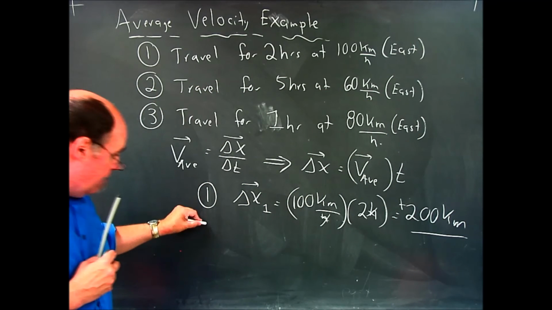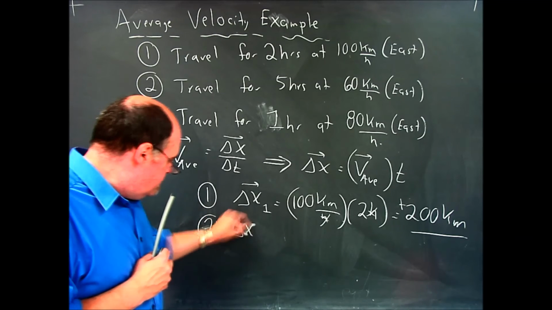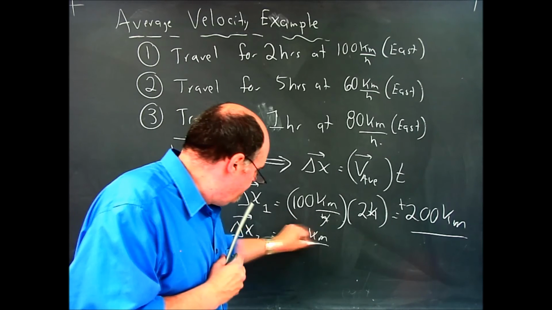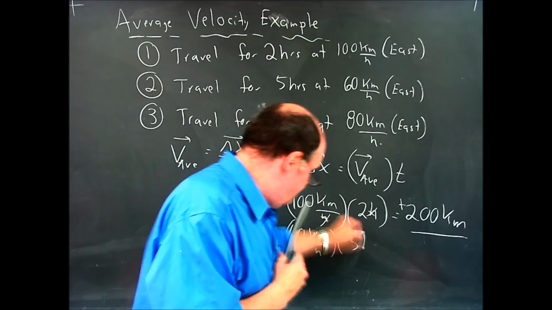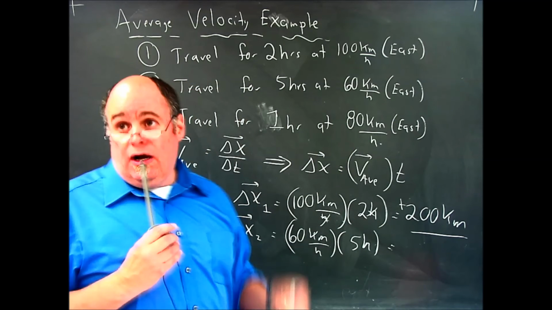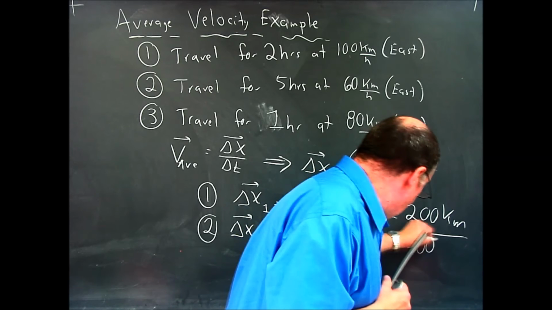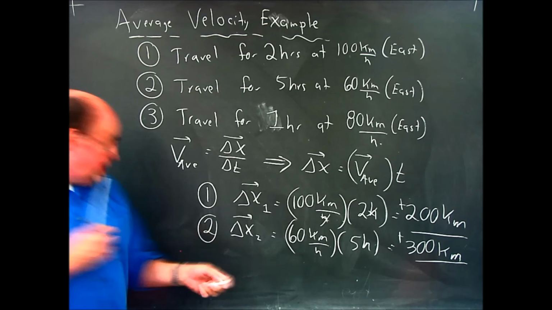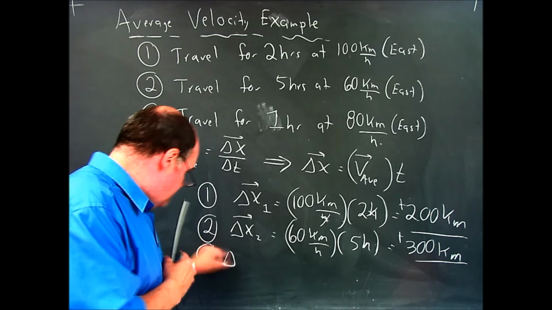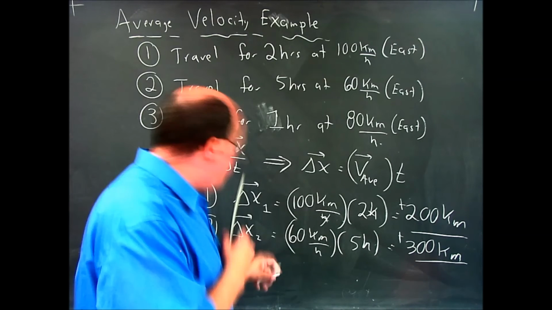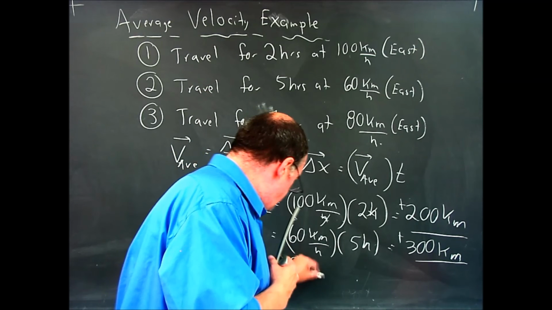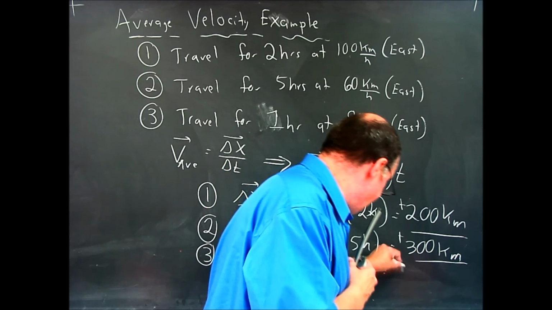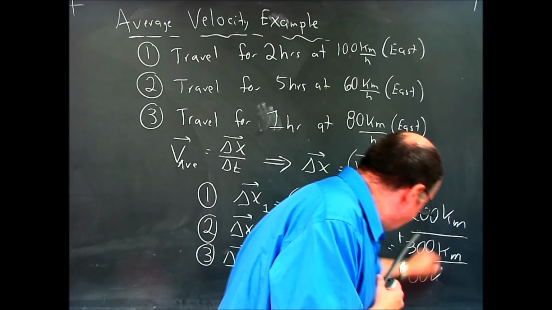If I do the same thing for the second part of the trip, delta x for part 2 would be 60 kilometers per hour times 5 hours. And that comes out to be 300. And if I did the exact same thing a third time, delta x equals 80 kilometers per hour times 1 hour, and that's going to be 80 kilometers.